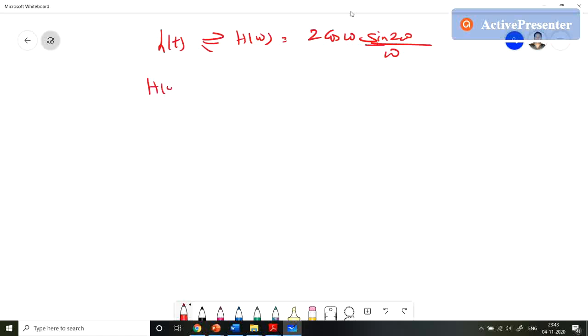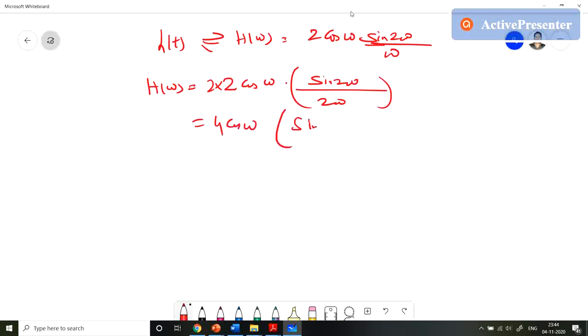So this can be written as 2 cos omega sine 2 omega divided by 2 omega, and if we multiply here, then it is 4 cos omega sine 2 omega divided by 2 omega.